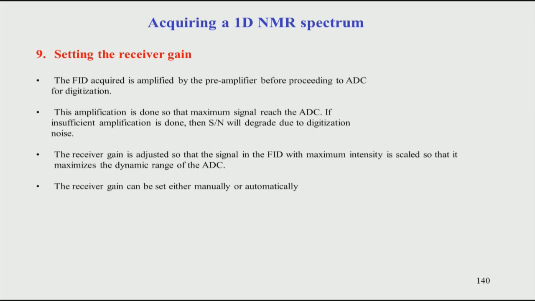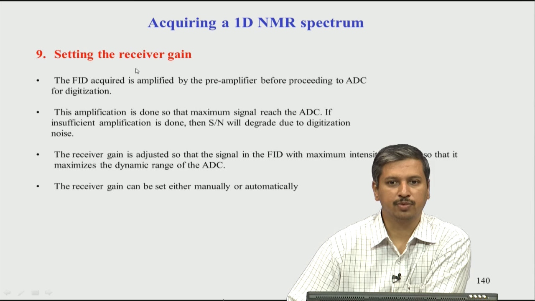Now, the next step: when you are recording the signal, there is a hardware component called the receiver. As the word suggests, it is receiving the signal, and you want to receive it at the maximum amplitude. Therefore, the amplitude of the FID is amplified by adjusting the gain in the receiver, so that maximum signal reaches the ADC. What is an ADC?